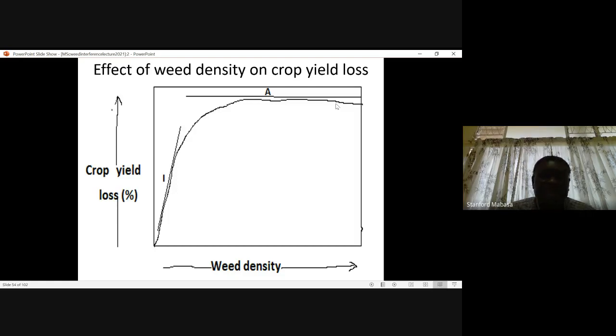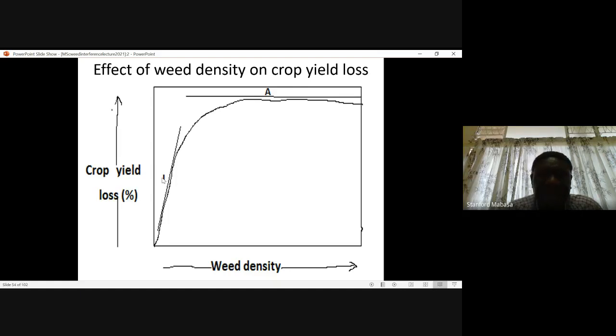So he identified 2 important areas on the graph which shows crop yield loss. The first thing which was identified was the maximum yield loss, which is represented by A. And the other thing which was identified on this graph is I.